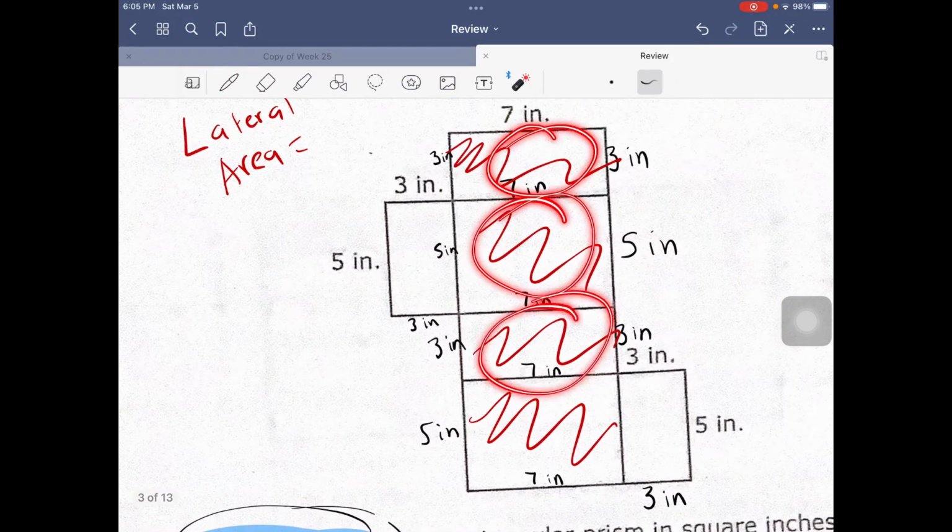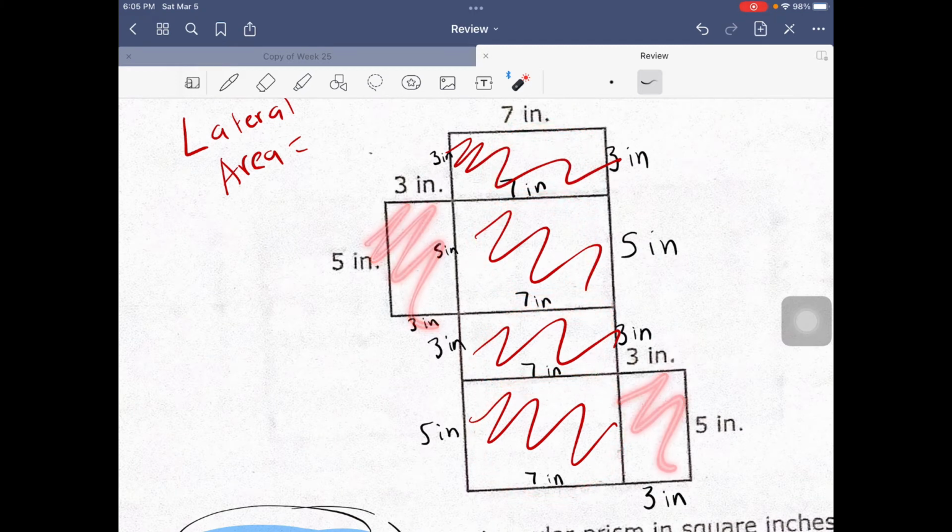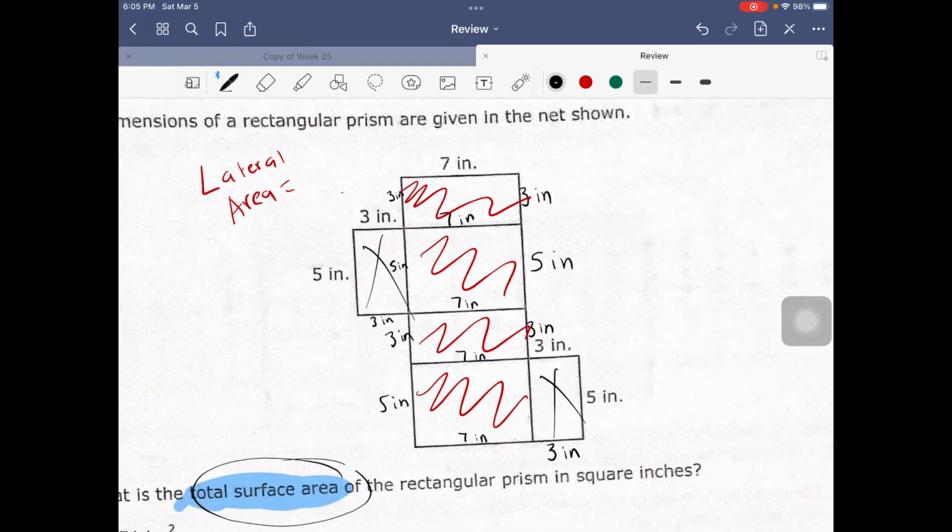You would add all of them except for the bases, not the bases. That's what the lateral area is. That's basically it for what we learned last week.